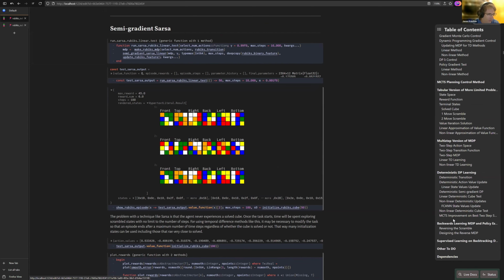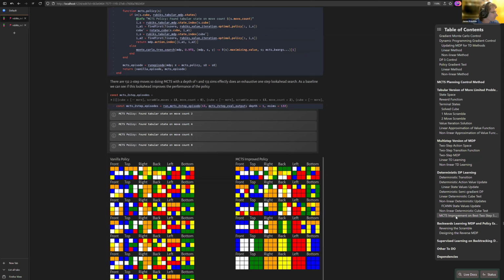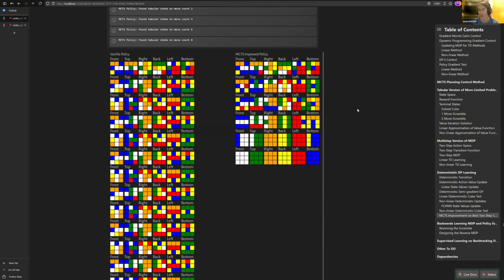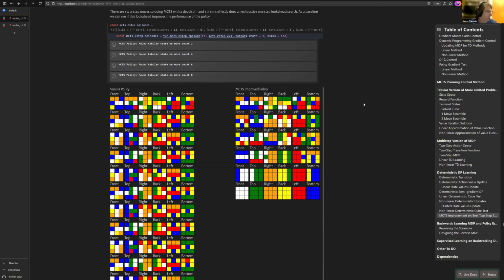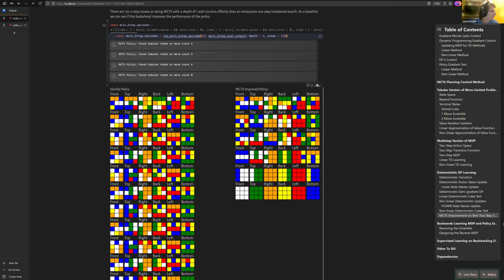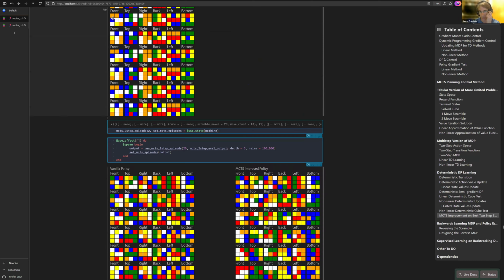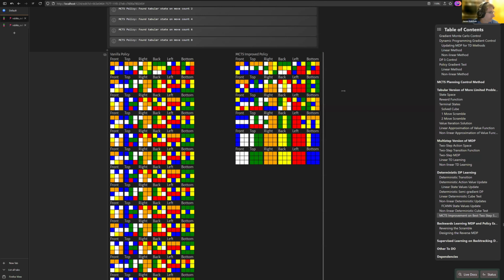Let me show a little preview. This is after a bunch of other steps that I haven't talked about yet. This is if I scramble the cube 13 times and I have a much more powerful approximation technique that I trained differently. Even this cube, the vanilla policy was unable to solve. It's a little outside of the range where it has a very high degree of success.